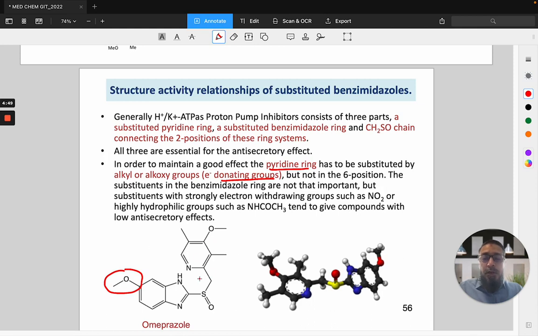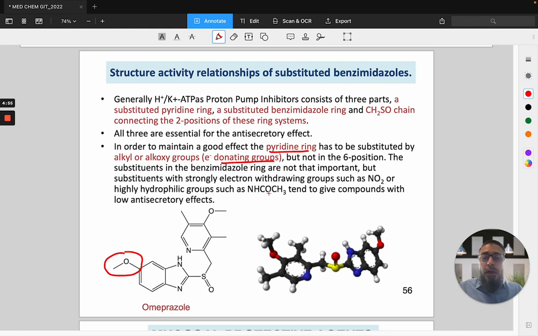The most important thing is the electron donating group, right? But substitution with an electron withdrawing group, for example a nitro group, or a highly electrophilic group, for example this NHCOCH3 group, will result in a low anti-secretory effect.